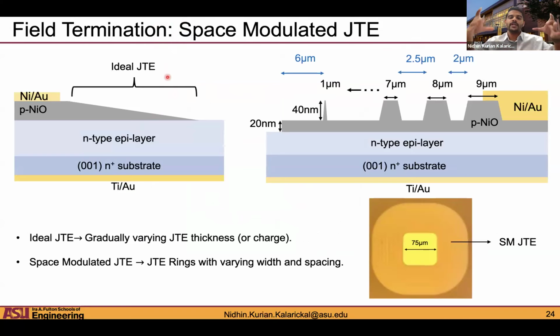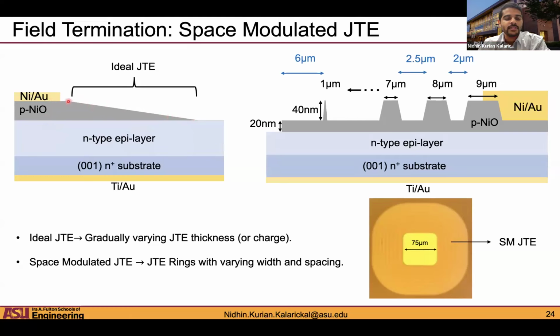Typically to protect the edges of your device, you use edge termination structures. So in the figure on the left, I'm showing a one-dimensional nickel oxide gallium oxide diode, and what you can think about as an ideal junction termination extension. In this case, the thickness of the nickel oxide is gradually decreasing away from the edge of the device.